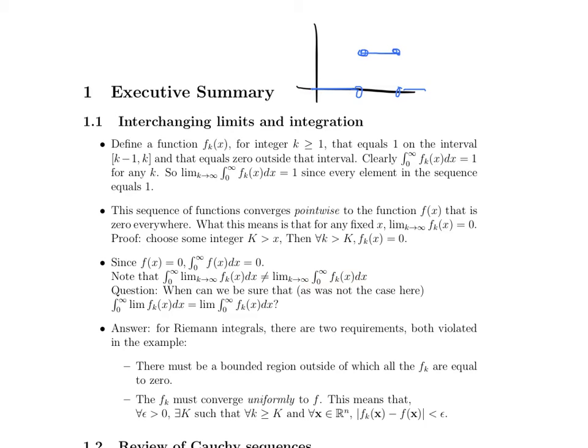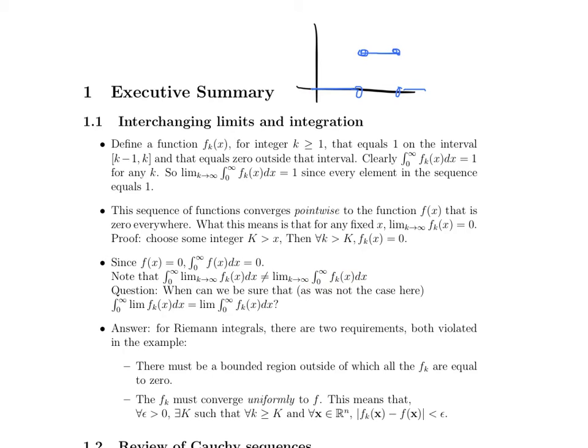Well, that breaks down, right? Because if we pick an epsilon that is 1/2 or 3/4 or 1/4, there is nowhere that I can point to in this list of functions and say, beyond here, every single function after this, the function values across the board for all x's are within 1/2 or 3/4 or what have you of the limit function, which is 0, because in each of those f sub k functions, there's going to be that interval where the function value is 1.